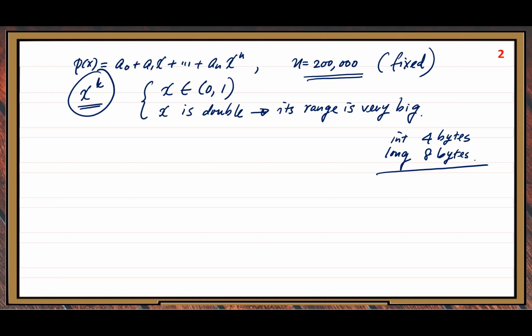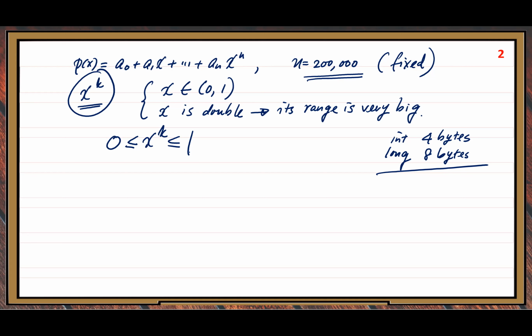So for that reason, our monomial, we can control between 0 and 1, right? No matter how big the exponent is, we always keep x to the kth between 0 and 1.